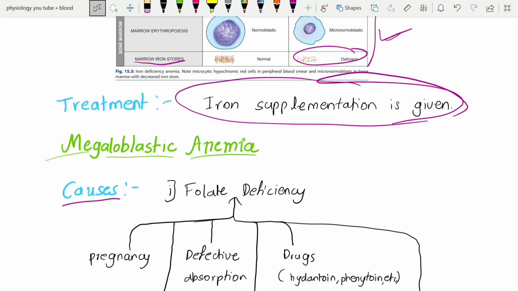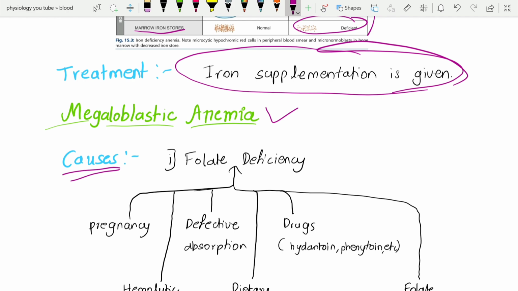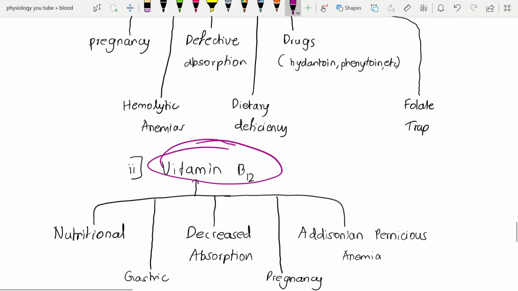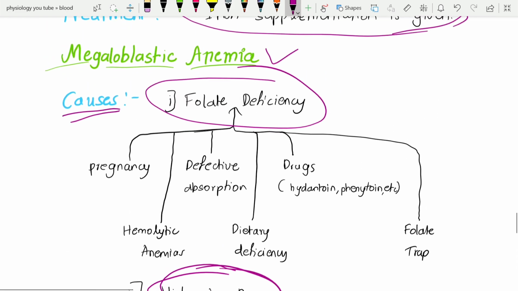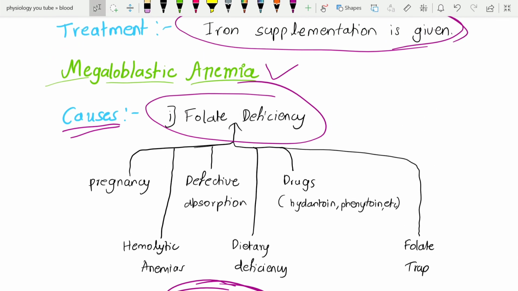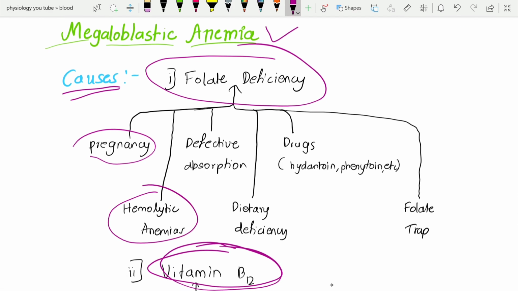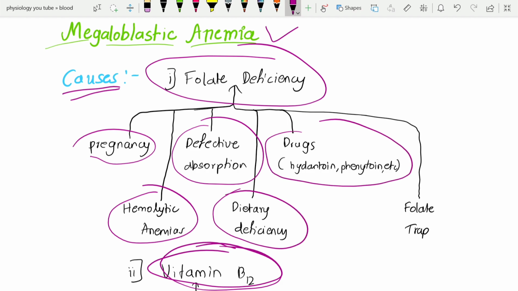Now to study megaloblastic anemia, the last competency of today's class. Causes: folate deficiency as well as vitamin B12 deficiency. Folate deficiency is caused by pregnancy, hemolytic anemias, defective absorption, dietary deficiencies, drugs like hydantoin or phenytoin, etc., and the folate trap.